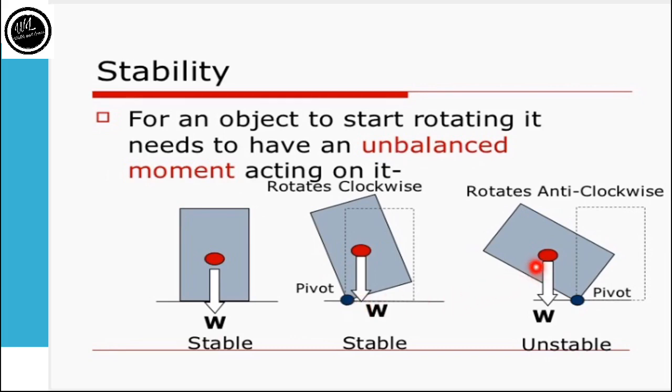And if the center of gravity does not pass through the base of the body, then the body becomes unstable. Now, what does unstable equilibrium mean? We have discussed that in stable equilibrium, the body comes back to its original position after a slightest tilt. But if a body does not come back to its previous position, then the equilibrium is known as unstable equilibrium.